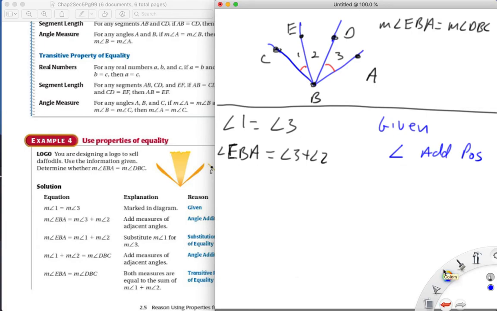We are given that angle 1 is equal to angle 3. So if I know that angle 1 is equal to angle 3, I can substitute angle 1 for angle 3. And I can say that EBA is also equal to angle 1 plus angle 2 using the substitution property of equality.